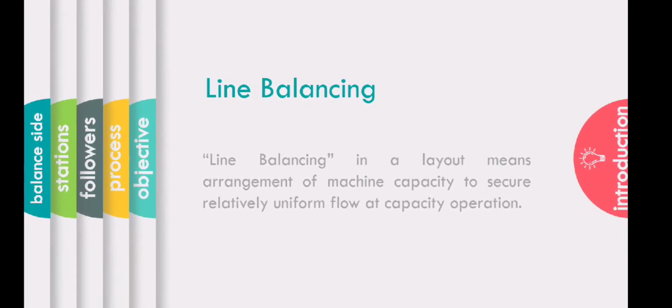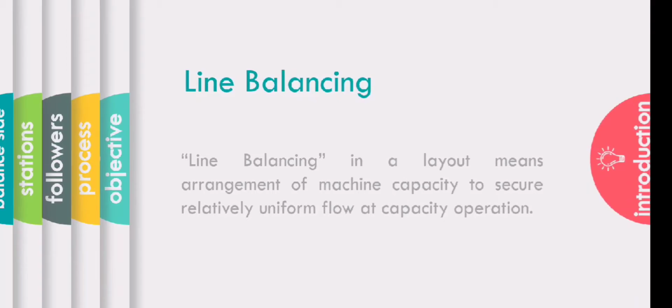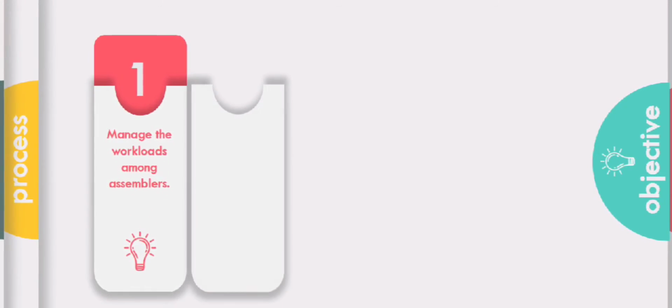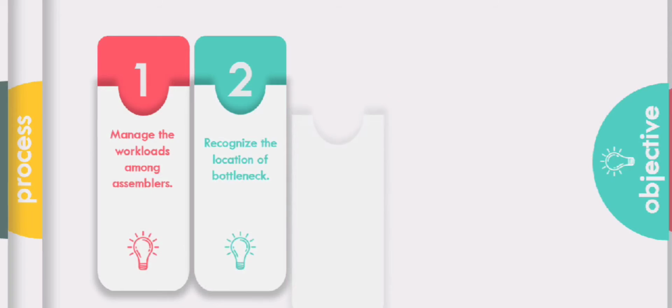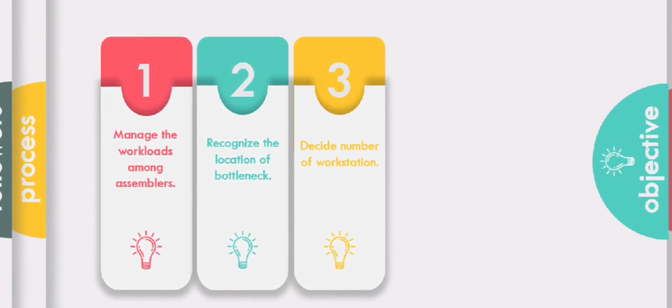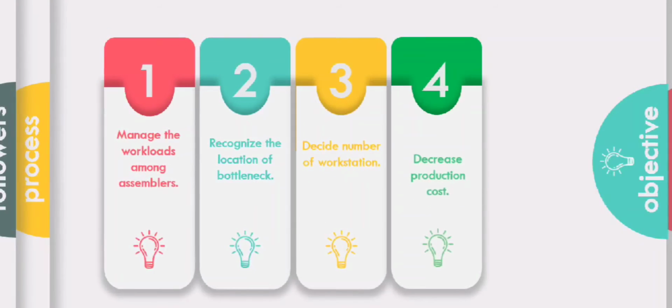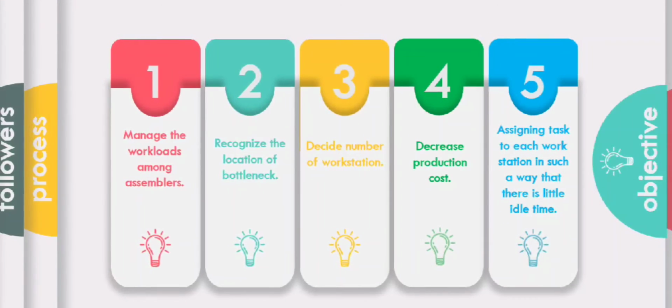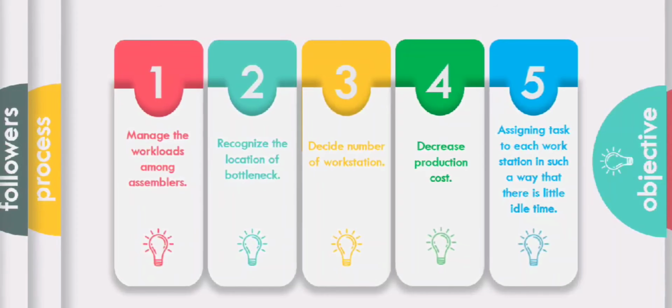In line balancing, there are five objectives. Number 1 is to manage the workloads among assemblers. Number 2, recognize the location of bottleneck. Number 3, decide the number of workstations. Number 4 is to decrease production cost.